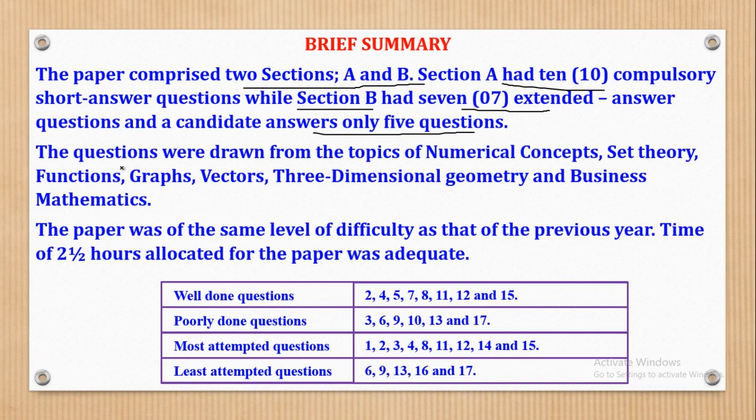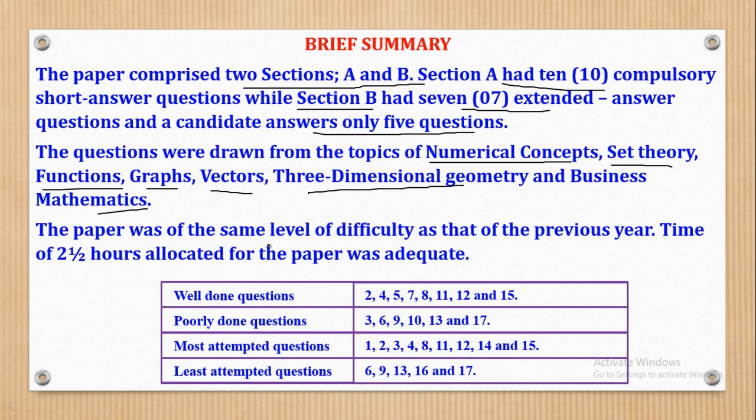So the questions were drawn from these topics: numerical concepts, set theory, functions, graphs, vectors, three-dimensional geometry, and business mathematics. So exams for UNEB Paper 2 will always come from these 7 topics.